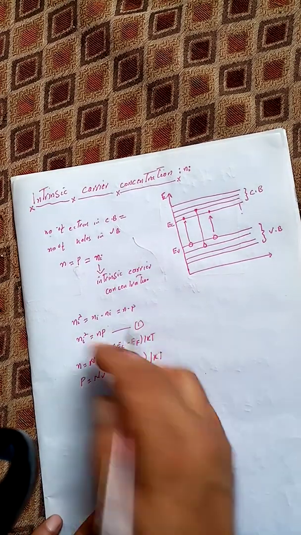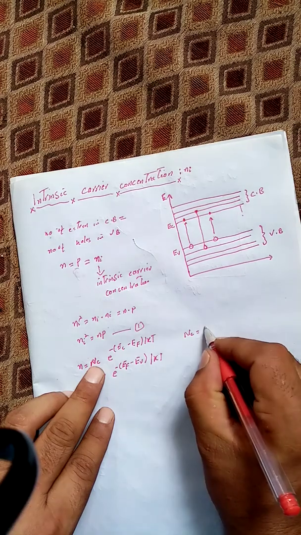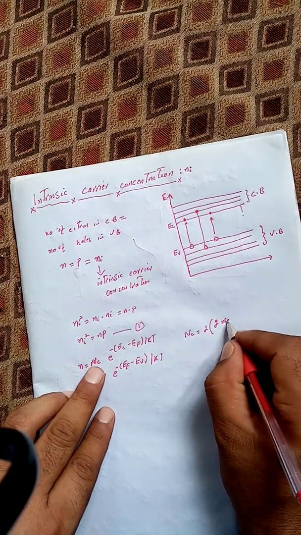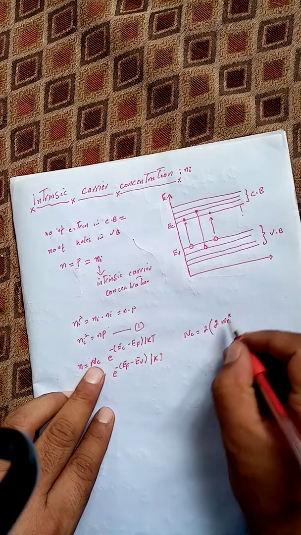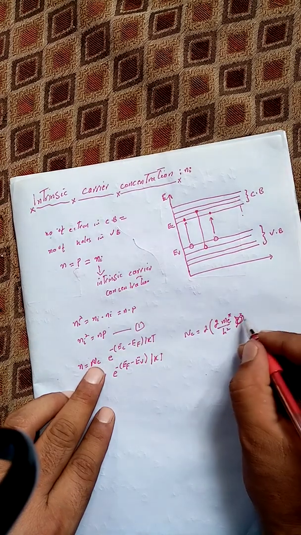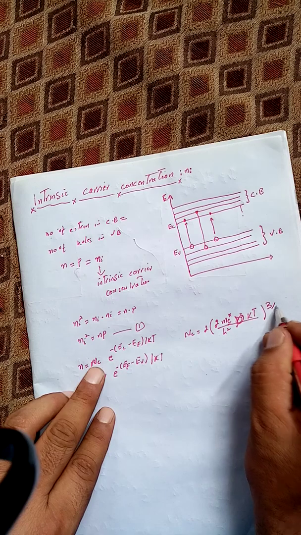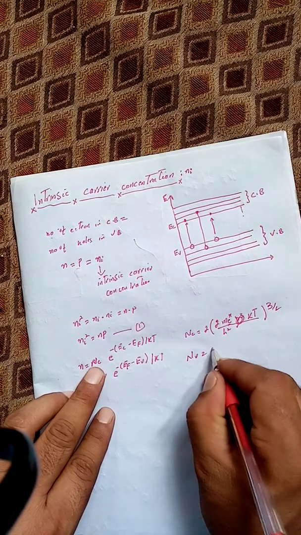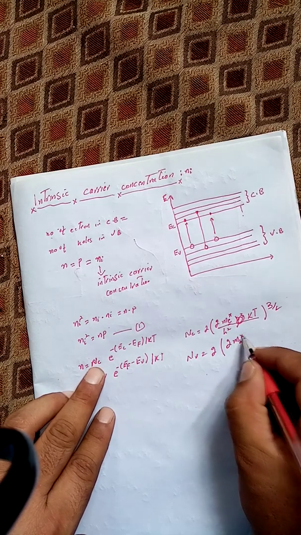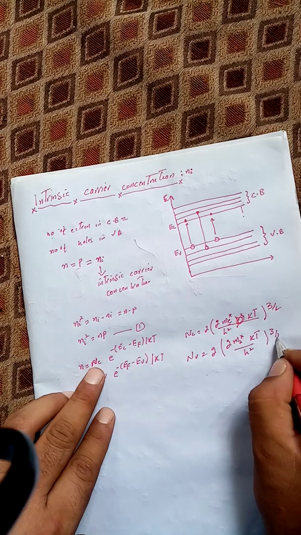Using these two values, where Nc is equal to 2 into 2 pi me star kT over h square whole 3 by 2, and Nv is equal to 2 into 2 pi mh star kT over h square whole 3 by 2.